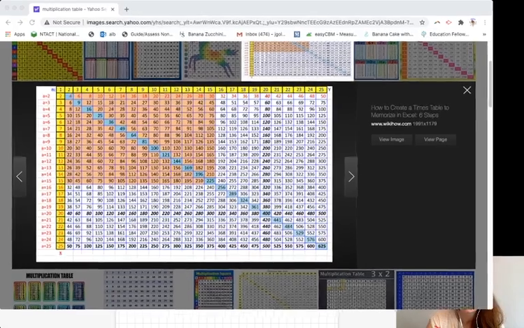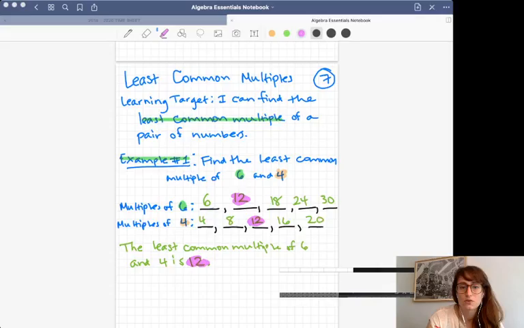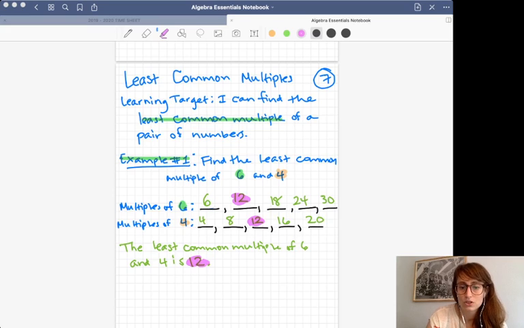If I wanted to do multiples of 6, I would just find where it says 6 and look at all of the numbers that are next to it. So they count by 6s, 6, 12, 18, 24, and I could also find 4 on here as well. I prefer the multiplication table instead of the calculator for these types of problems because it basically gives you the answer right there. So you can use a multiplication chart to help you if you want to. And we're going to do just one more example together.